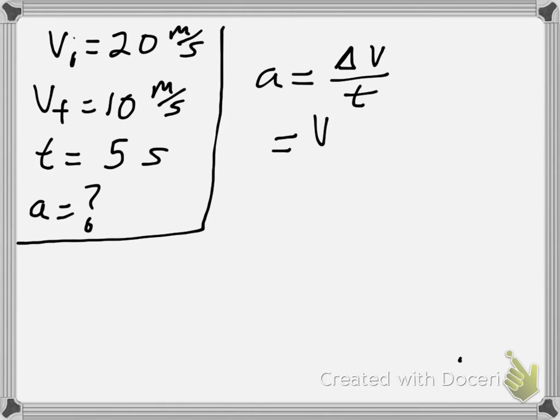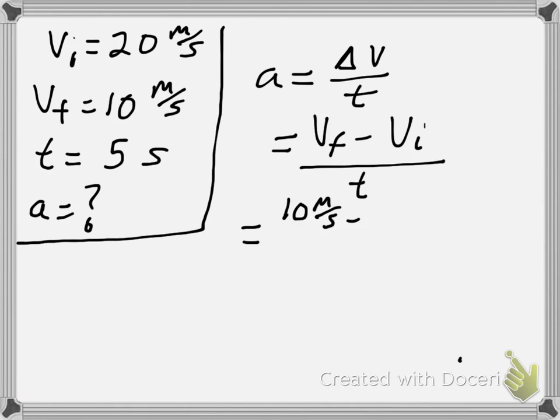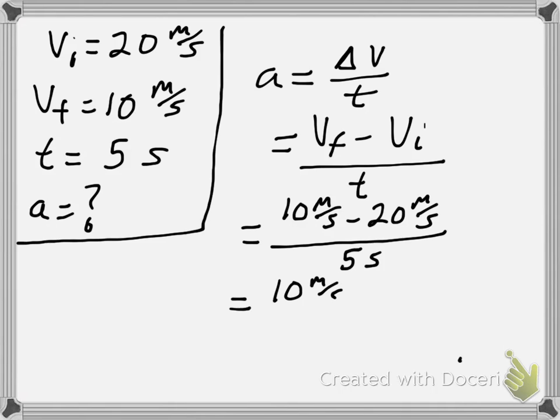So remember that this is VF minus VI all over T. And so this is going to be VF is 10 meters per second minus 20 meters per second divided by 5 seconds, which is going to be negative 10 meters per second, divided by 5 seconds, or negative 2.0 meters per second squared.